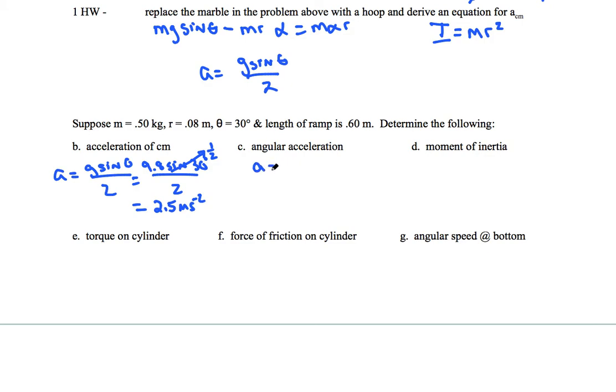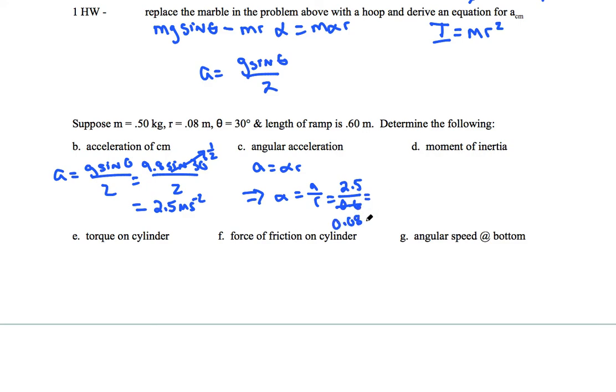Now the angular acceleration: a equals alpha r, so alpha equals a over r. I get 2.5 divided by the radius of, oh, I'm sorry, the r is 0.08.